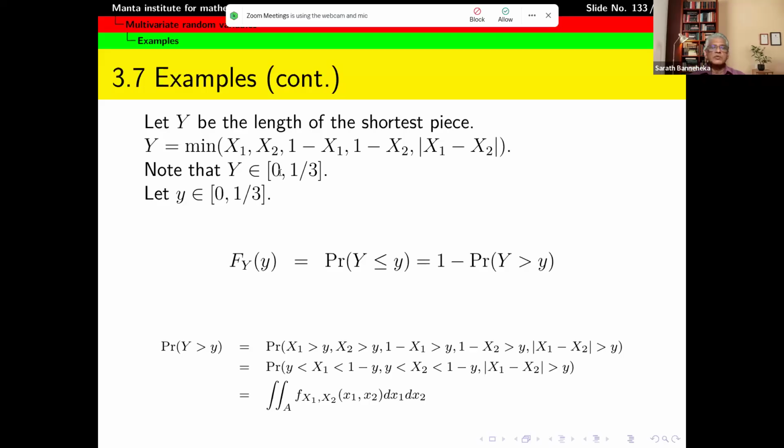Therefore, y can take values only from 0 to 1 over 3. That is the situation where they are broken symmetrically. Otherwise, y can be less than 1 over 3, since y is the minimum. So y is going to be in this interval. So let's take a simple y in this interval and calculate the cumulative distribution function of y at that simple y.